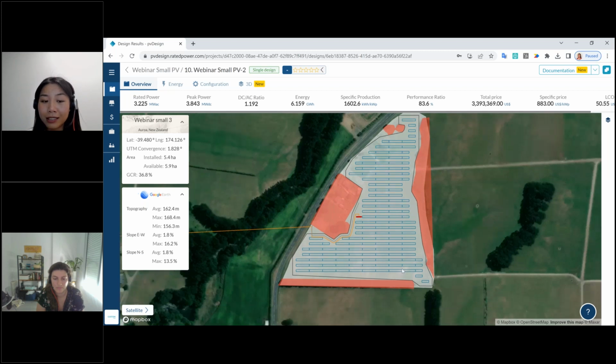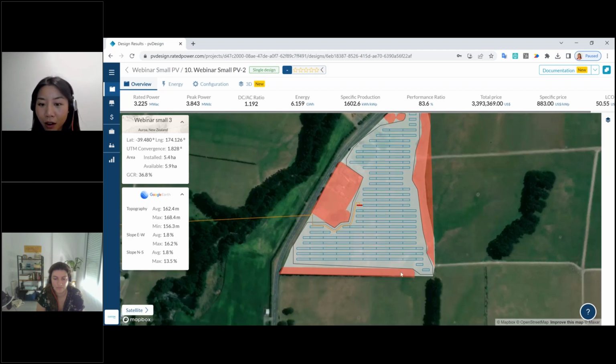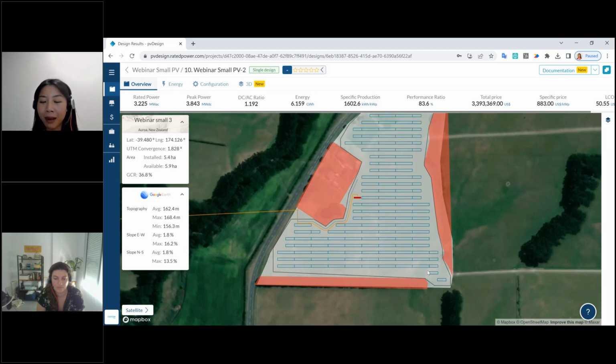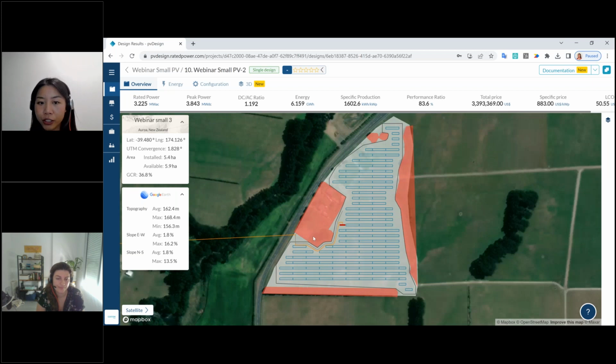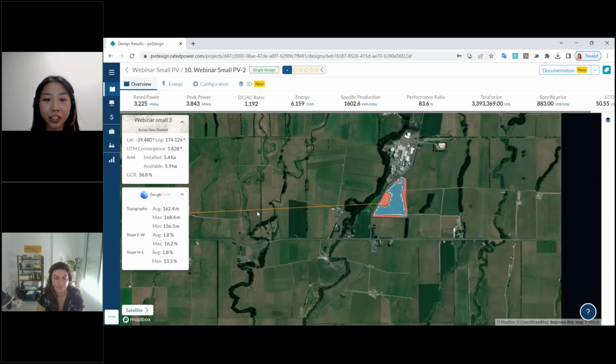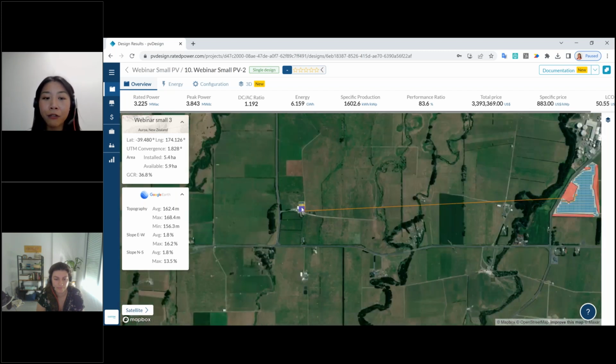On the south side, I also have a line of trees along the border of my site. And I have also circled around the infrastructure on this plot that we're saving for future use of other things. And of course, I'm connecting it to the same substation we're considering for the first plot.